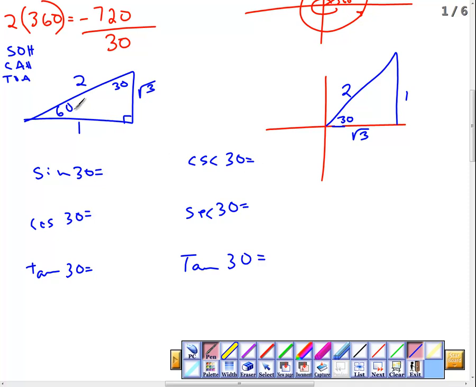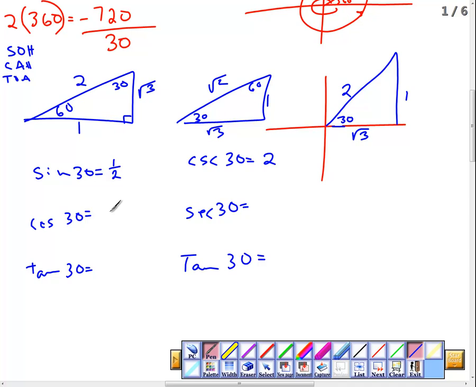Well, remember now, this is 30, 60, 90, so this would be 1, 2, square root 3. So for 30, basically if you took 30 degrees like that, put that on the bottom, 60 on the top, all you're doing with these two sides is you just flip them. So that puts the square root 3, 1, 2, like that. Okay, so that might be an easier way for you to do that. So that makes this square root of 3 for the adjacent, 1 is the opposite. 1/2, right. And then cosecant, that would be 2.